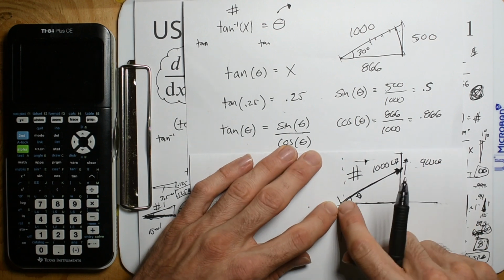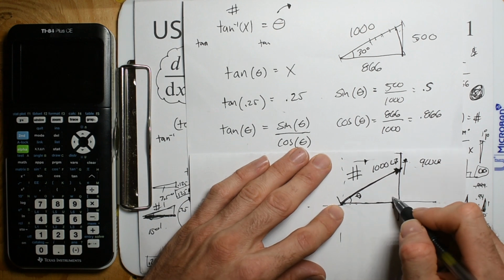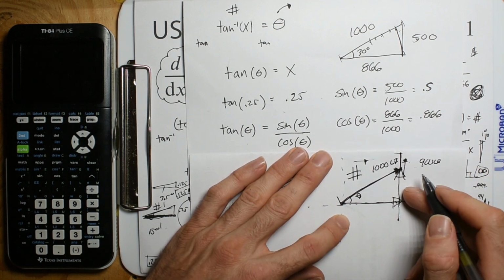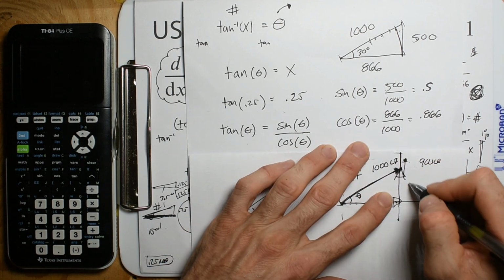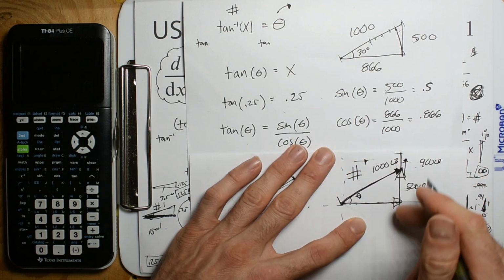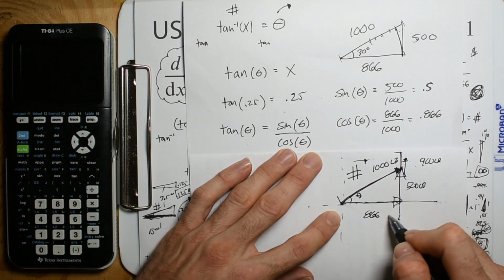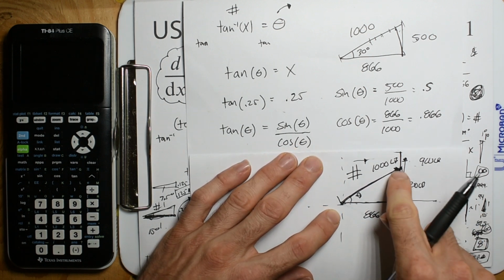So now if we're putting this 1,000 in, now what? Well, it's got two components, a component this way and a component this way. This component is going to be half. So if you were worried about this coming out of the ground, maybe you should be, because half of this load is going to be pulling this thing straight up. And then we have 866 pounds pushing into the wall.